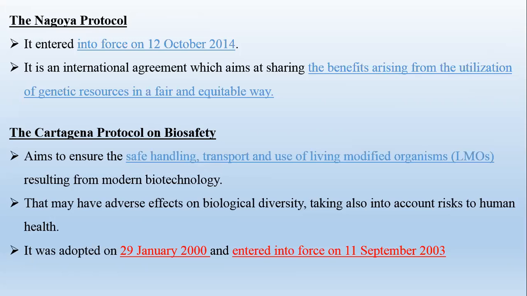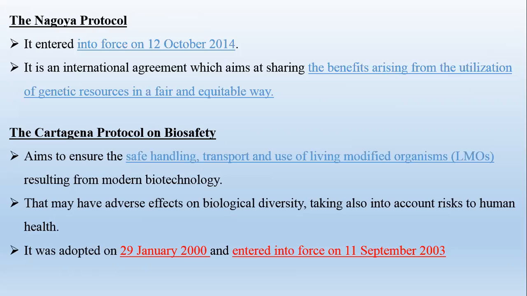One of the important things covered in the Nagoya Protocol is mainly the genetic resources or organisms. It may be plants, animals, which have particular properties, which are studied or spread by the local community. So that local community should also benefit from these genetic resources in a fair and equitable way.